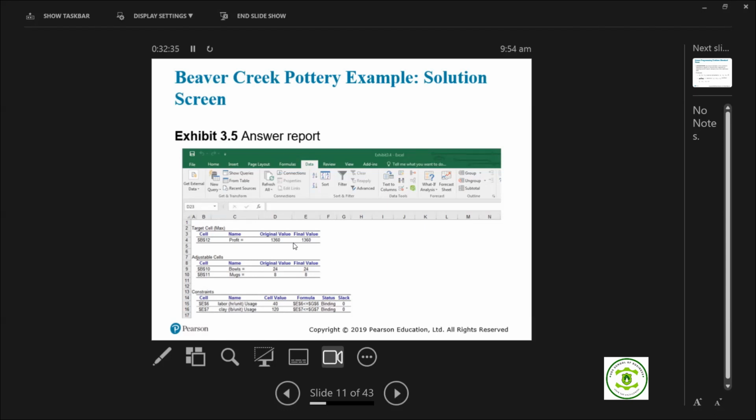Now, we come to the constraint cells. Within the constraint cells, remember that these were the right-hand side values. 40 labor hours, 120 pounds. So that one is a repetition of what happened.